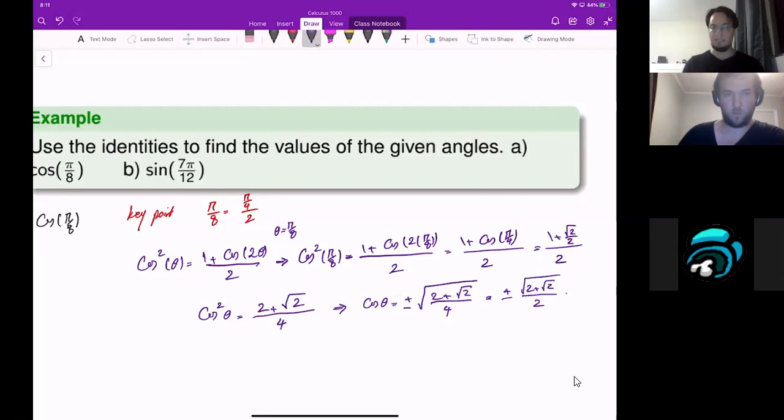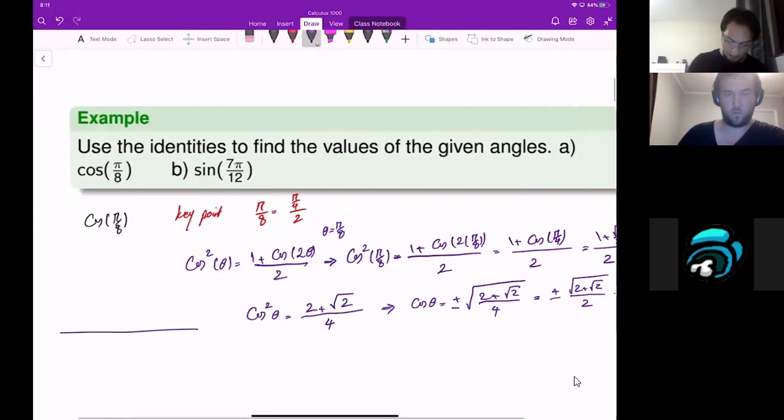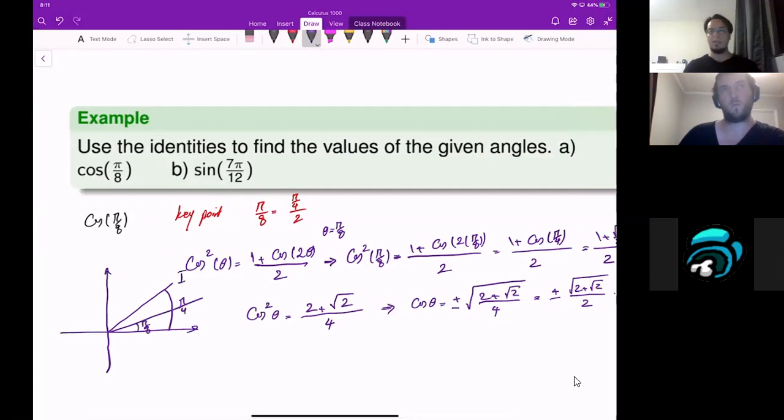So this is something that you have to see. Pi over 4 is in the first quadrant. Half of that, which is pi over 8, will be in the first quadrant. In the first quadrant, all sine, cosine, and tan, all of them, all students take calculus, are positive.